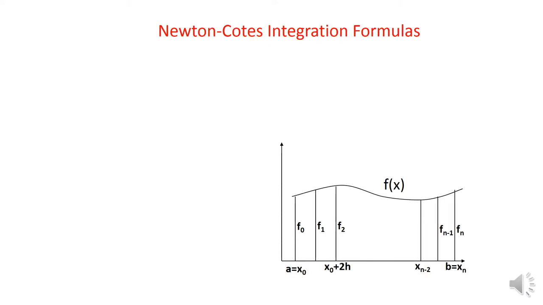So we have to find the area under this curve, which is inside the points x equal to x0 and x equal to xn, denoted by a and b.